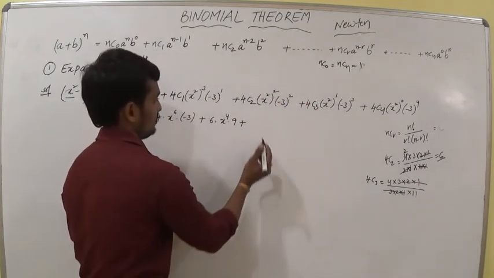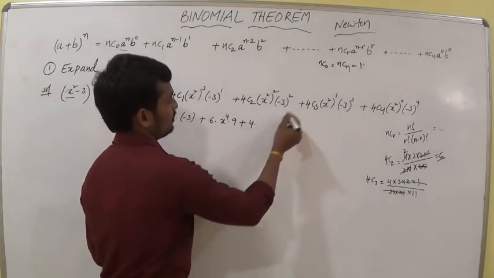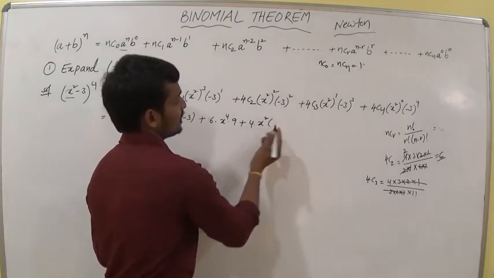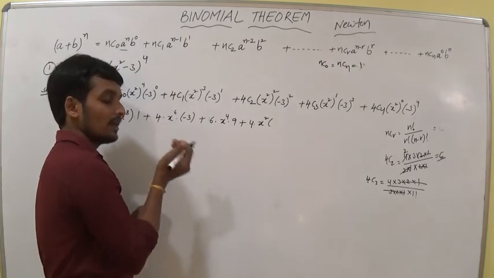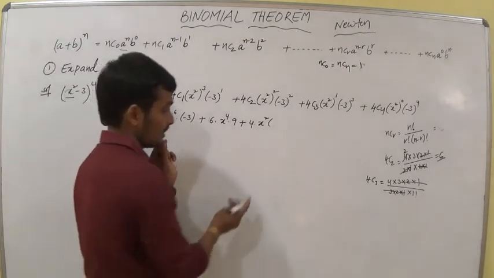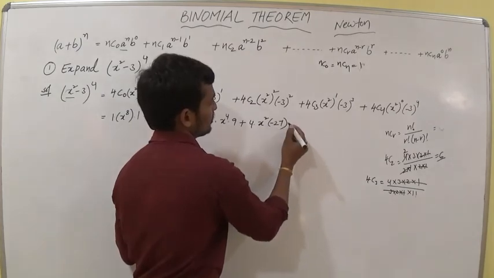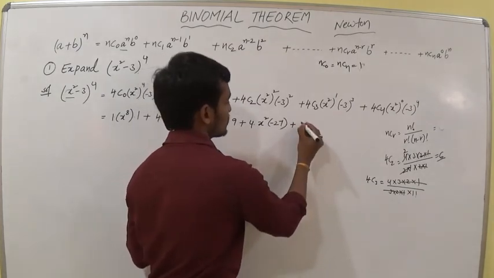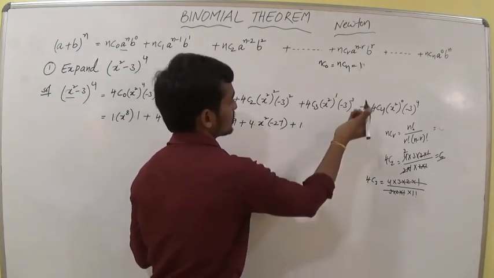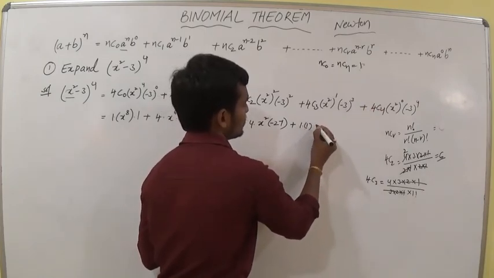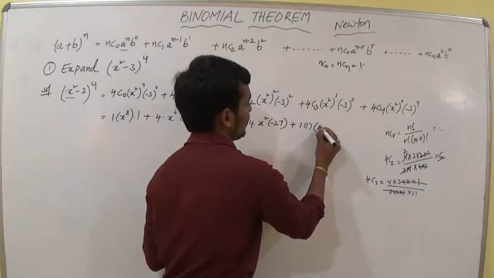The value is 4. 4 into x square power 1 is x square, into (minus 3) whole cube. Minus 3 into minus 3 into minus 3 becomes minus 27. Plus 4C4 is 1. (x square) whole to the power of 0 is 1. (Minus 3) whole power 4 is 81.